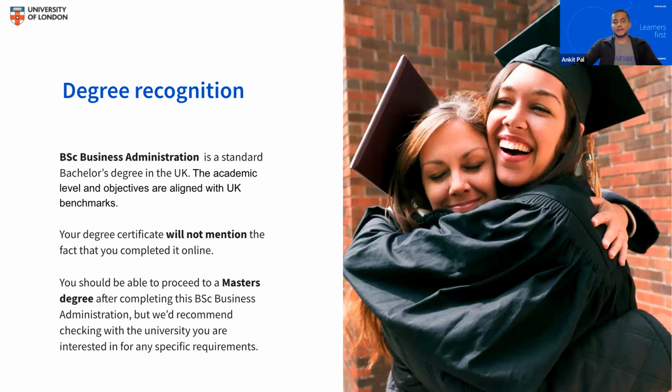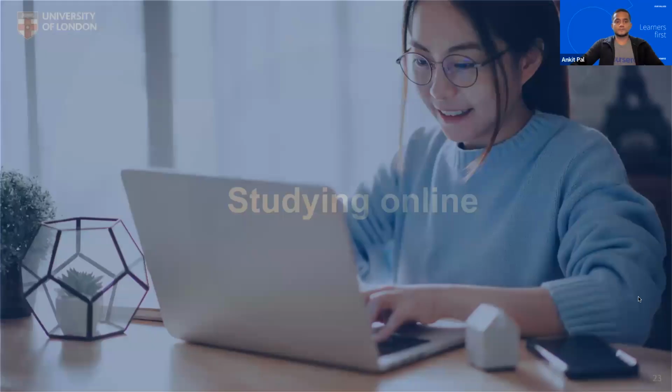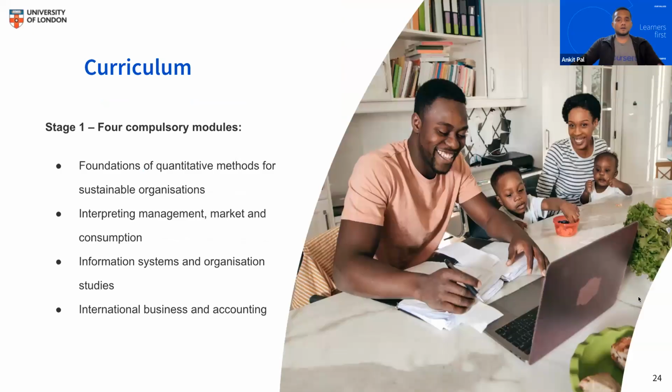Now, let's look at the next topic, studying online. To understand studying online, let us understand how the modules are distributed for the program. So the bachelor's is comprised of 3 stages and 2 pathways. The general pathway consists of 4 compulsory modules in stage 1, followed by a blend of compulsory and optional modules in stage 2 and 3, which cover a range of key business administration and global business topics.